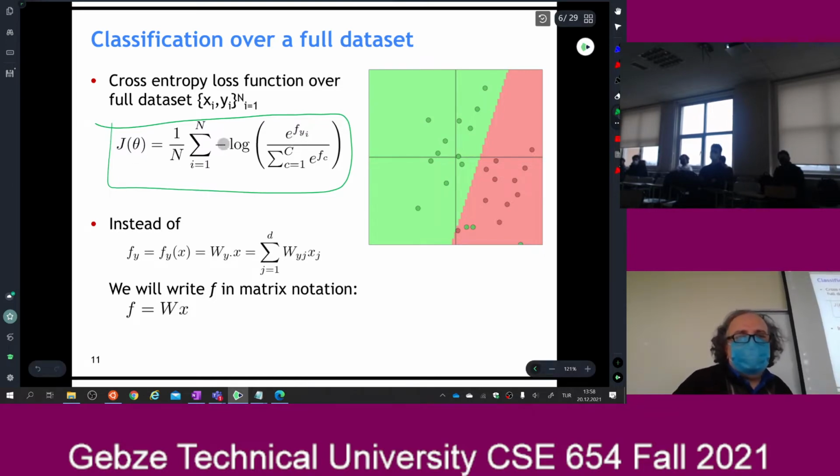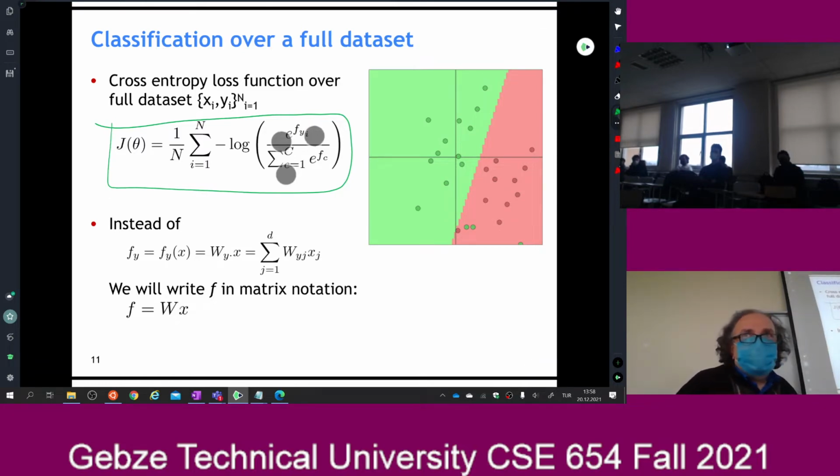That's why we have the negative at the beginning of it. And we have the log because we don't have to multiply anything. Remember, these are the probabilities. You multiply the probabilities to say that giving the correct result becomes most probable.